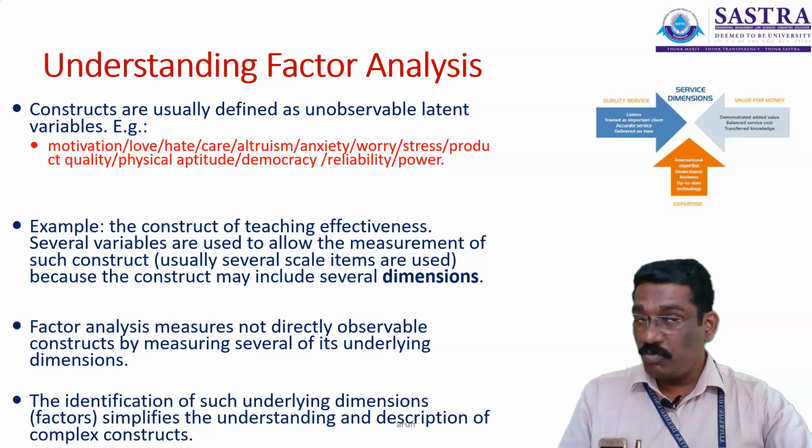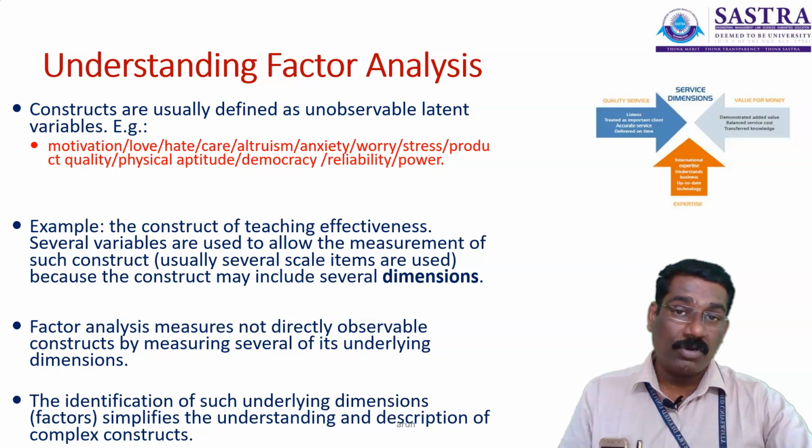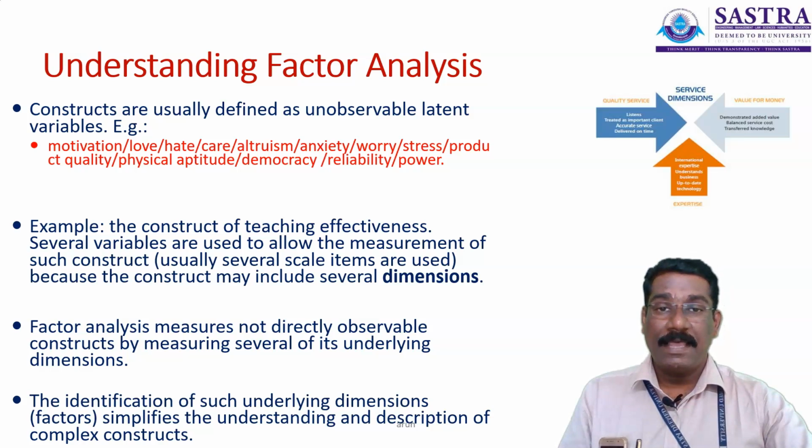So there are two variables involved: 24/7 operations, as well as the bank operating on Sunday. Like that, many more variables put together form a dimension called convenience. And like this dimension, there are many more dimensions put together to form a construct.